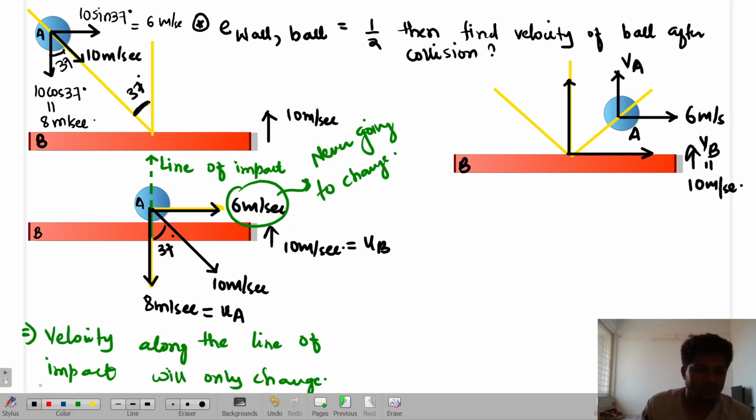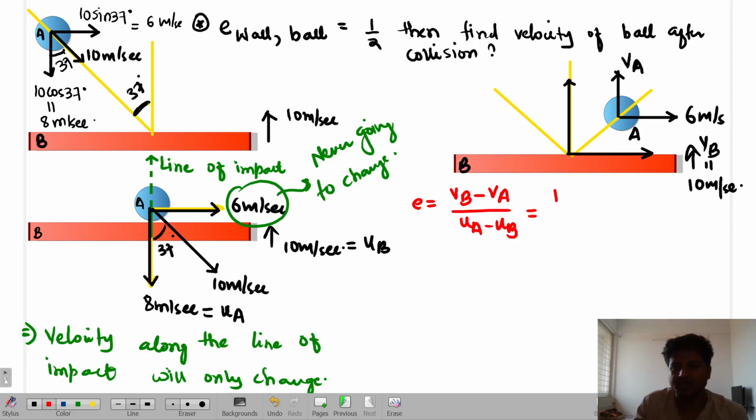So if I apply the coefficient of restitution formula, E is equal to V of B minus V of A divided by U of A. V of B is 10 upwards. V of A I have to find out. U of A was given as minus 8 because it was downwards, isn't it?